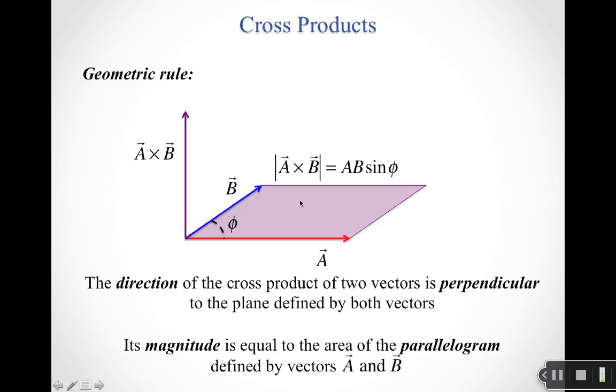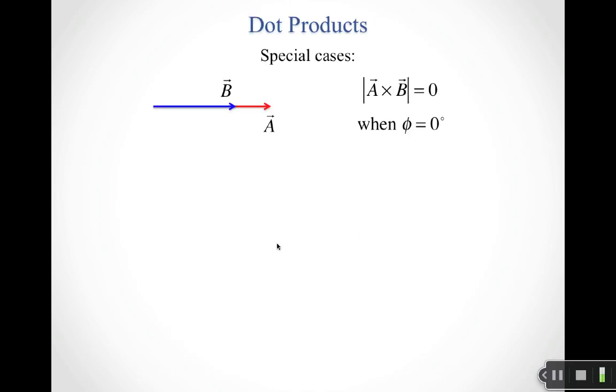So the magnitude of our cross product is equal to the area of the parallelogram defined by the vectors A and B. So this is our geometric rule about a cross product: its direction is perpendicular to the plane that those two vectors sit in, and its magnitude is equal to the area of the parallelogram created by those two vectors.